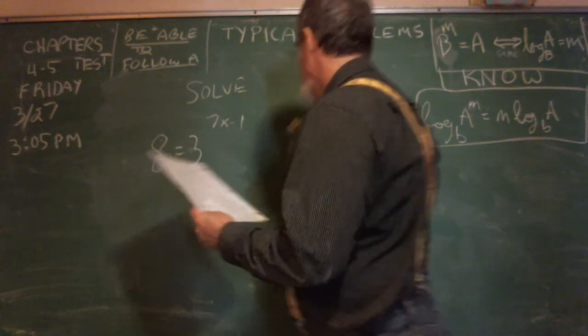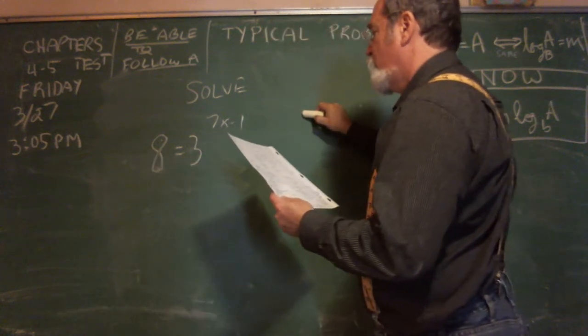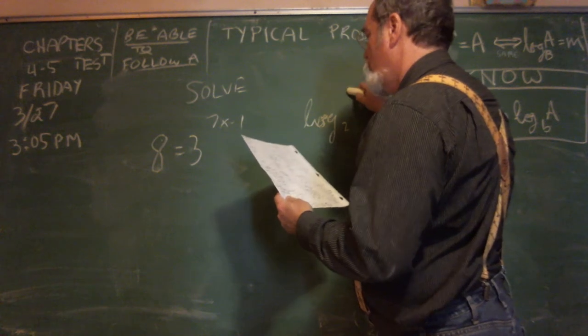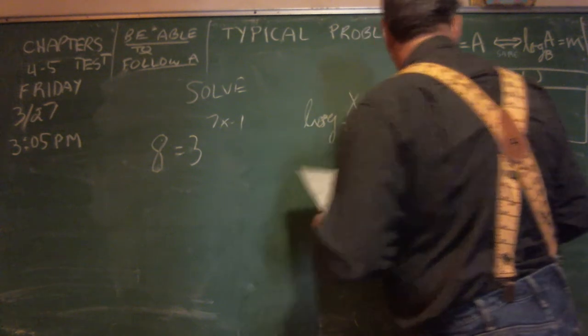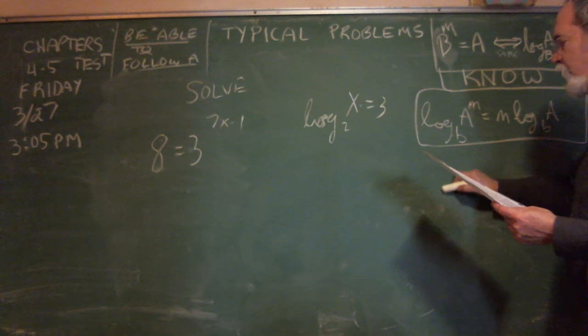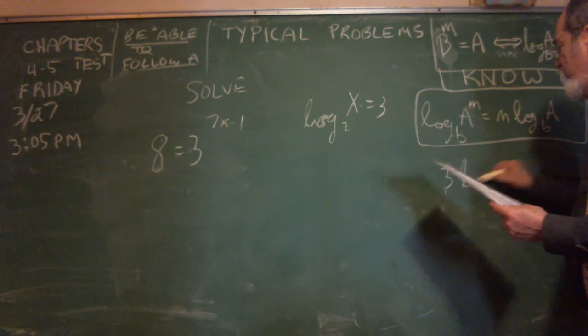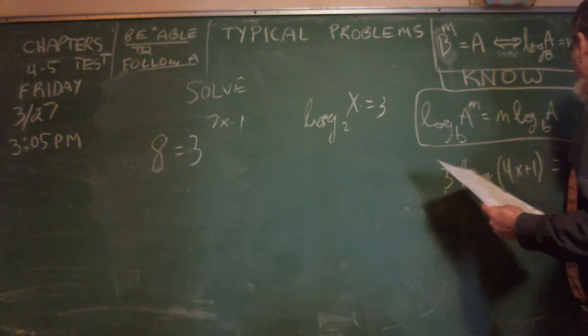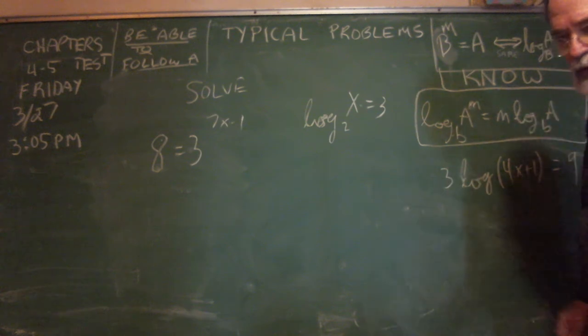Problems like log to the base 2 of x equals 3. And a problem like 3 log of 4x plus 1 equals 9. So you've got to be able to handle these three kinds of things.